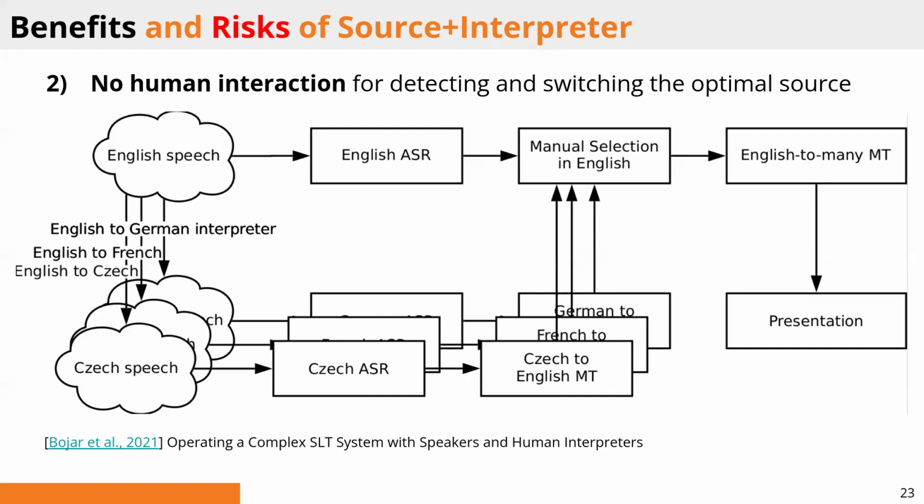So there are 1, 2, 3, 4 options of English sources. And the goal is to translate the English into the 40 languages. And it's very difficult to decide in real time which source is optimal at the moment. So the machine should optimally switch it on its own.